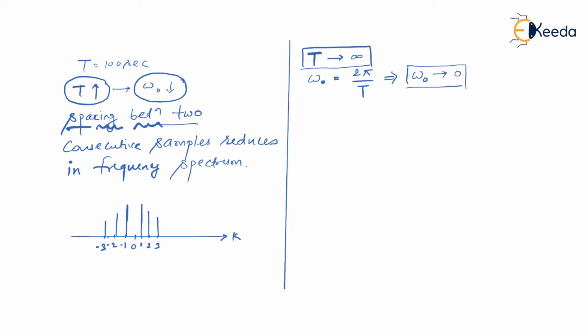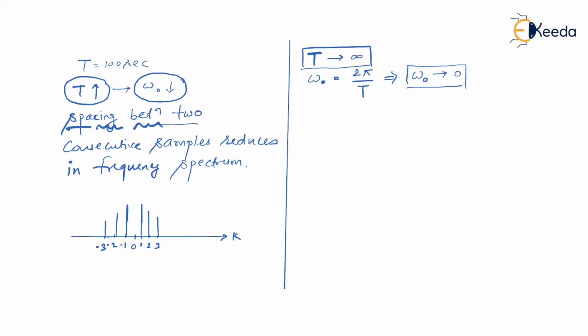I would in fact say that there would be absolutely no space between two samples. I repeat, the spacing is reduced to such an extent that you cannot even see a space between two consecutive samples.